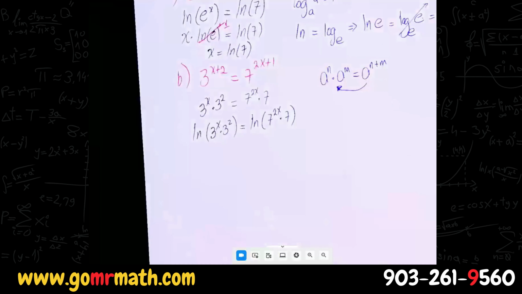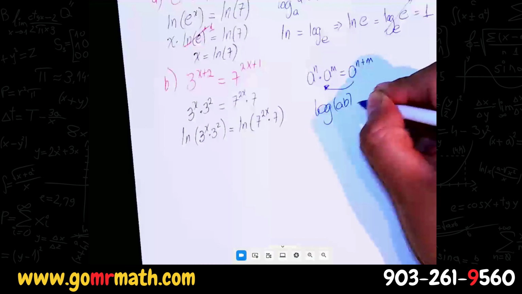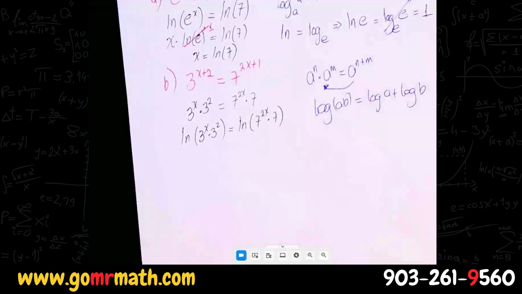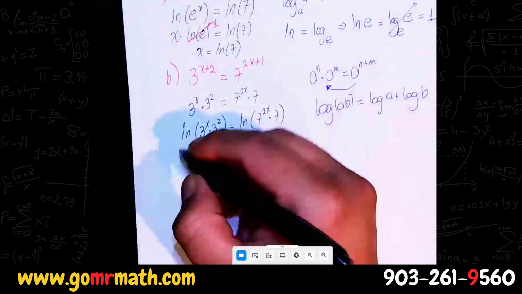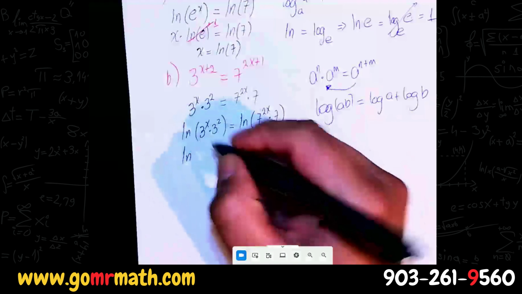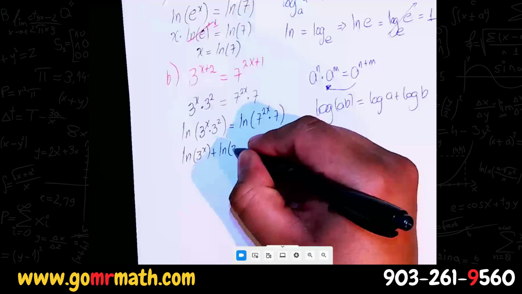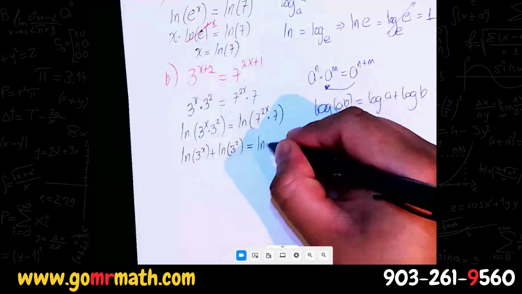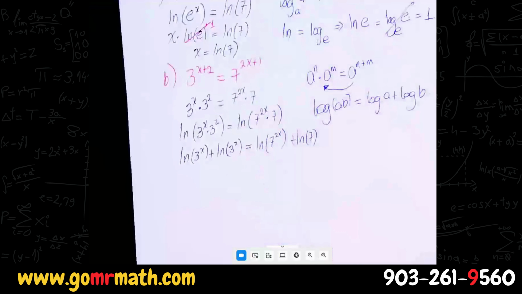Now, another property to remember: the logarithm of AB, the product, is equal to the logarithm of A plus the logarithm of B. So let's apply this concept here. We have the natural logarithm of 3 to the x plus the natural logarithm of 3 squared equals ln of 7 to the 2x plus ln of 7.